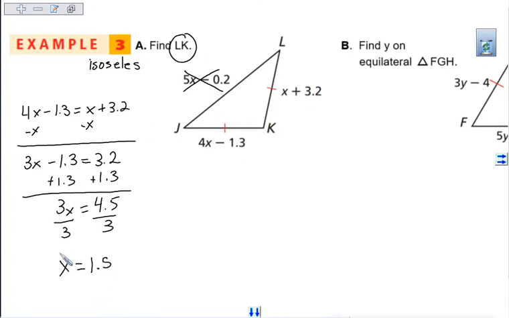Now we're not finished because we just have x. We need to plug into LK. LK is x plus 3.2. So 1.5 plus 3.2 is equal to 4.7.